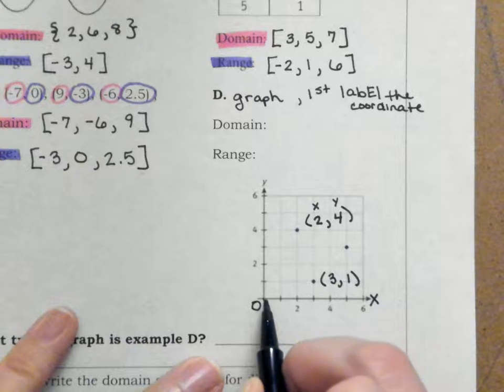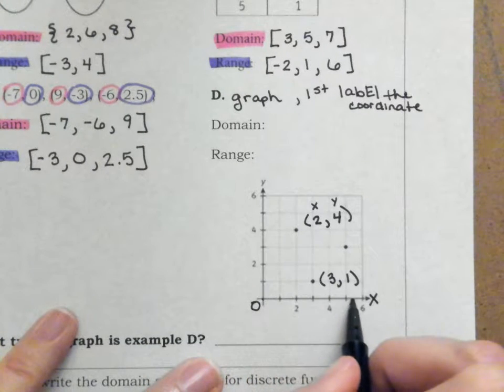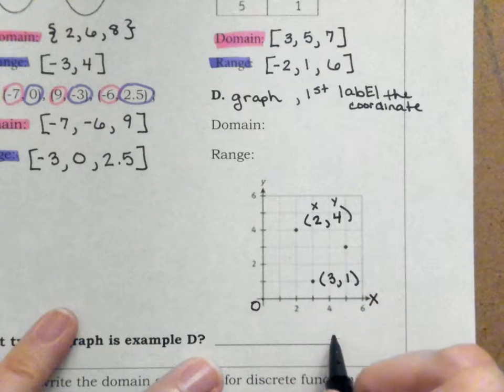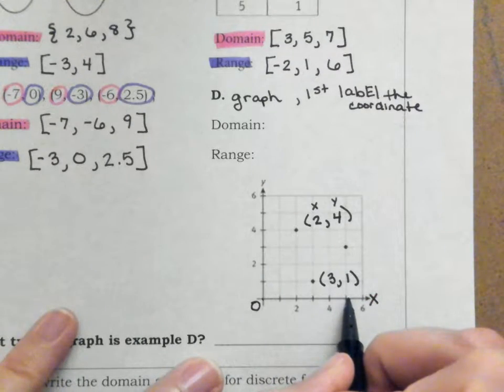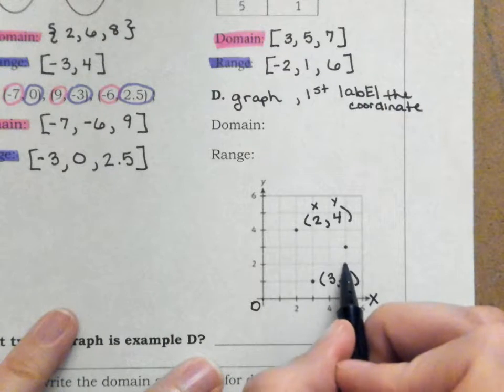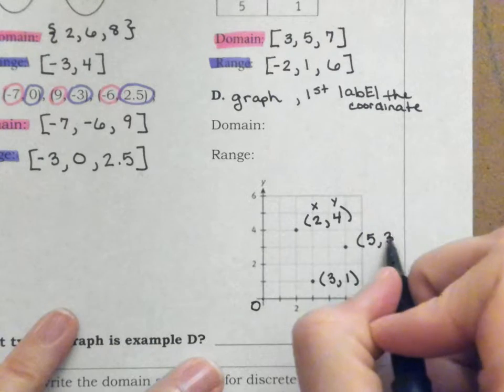And then this last point, and when I plot points, it's kind of like you have to walk to the elevator before you can go up or down. So I'm going to walk 1, 2, 3, 4, 5, and then I'm going to go up 1, 2, 3. So this is 5, 3.